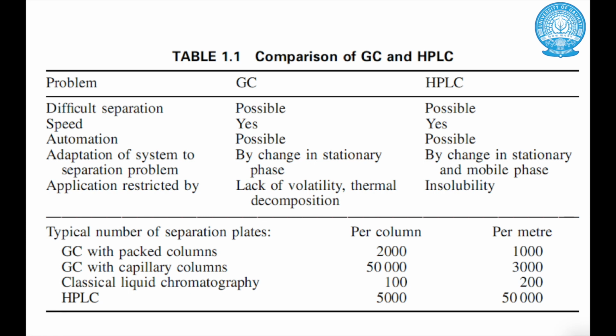A separation plate is a theoretical concept wherein each compound or each molecule can be separated from each other during the course of its journey from the entry to the exit of a column.